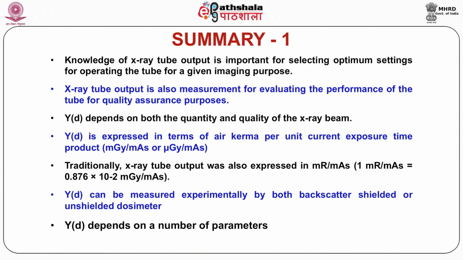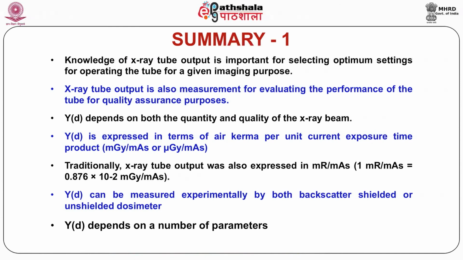Traditionally, X-ray tube output was also expressed in the unit of milliroentgen per mAs. 1 milliroentgen per mAs is equal to 0.876 × 10^-2 milligray per mAs. The X-ray tube output can be measured experimentally either by placing a calibrated dosimeter in air at a distance from the tabletop or by placing a calibrated backscatter shielded dosimeter at the tabletop.